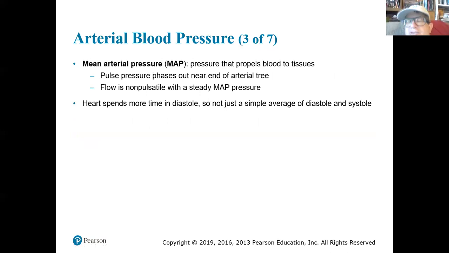Mean arterial pressure, there's a math problem coming up you're going to need to know. Mean arterial pressure is the pressure that propels blood into the tissues. Pulse pressure phases out near the end of the arterial tree.